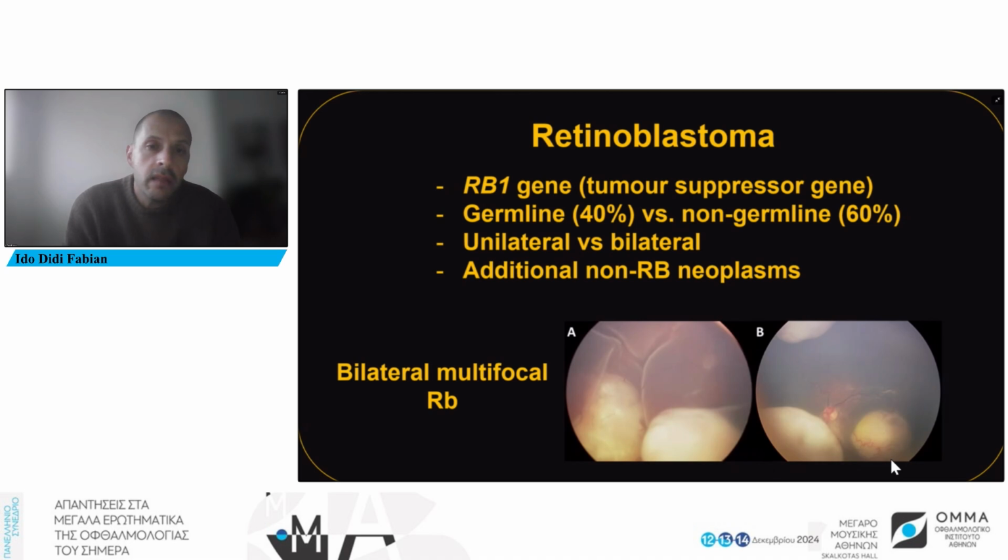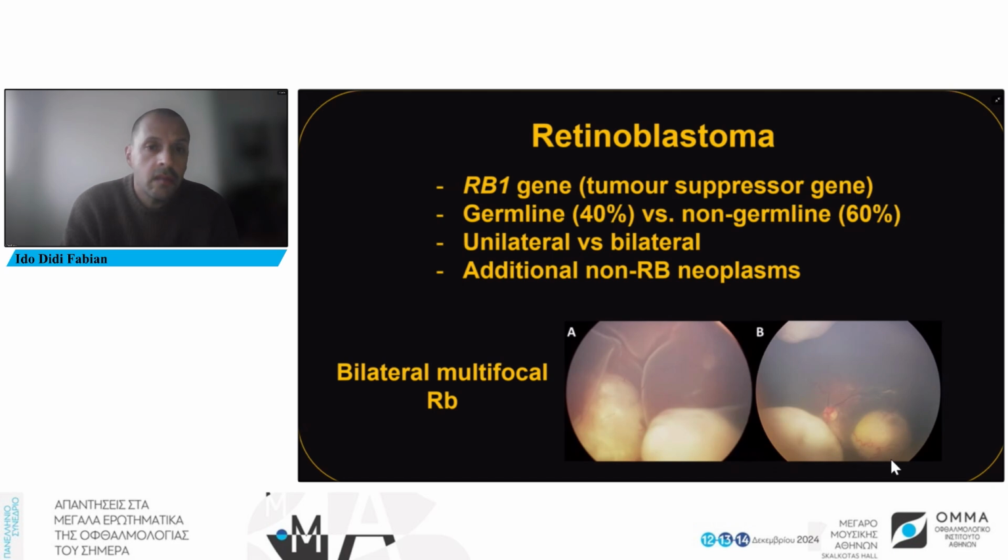You can divide the cases of retinoblastoma into germline and non-germline, about 50-50 or 40-60. What is a germline retinoblastoma? In a germline retinoblastoma, there's a mutation in each and every one of the cells in the body, or most of the cells in the body. That's the first hit.